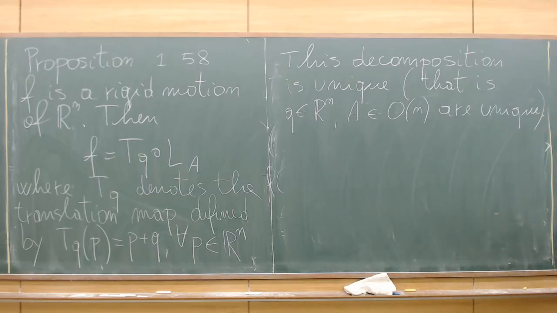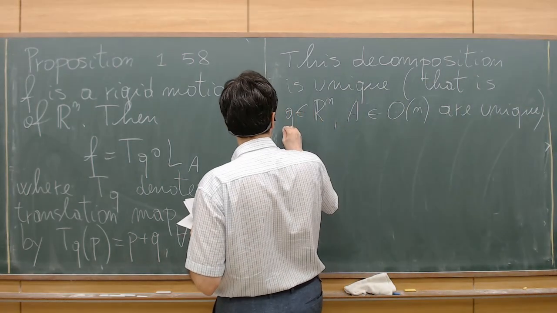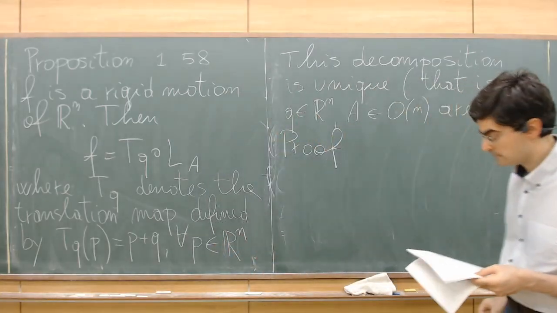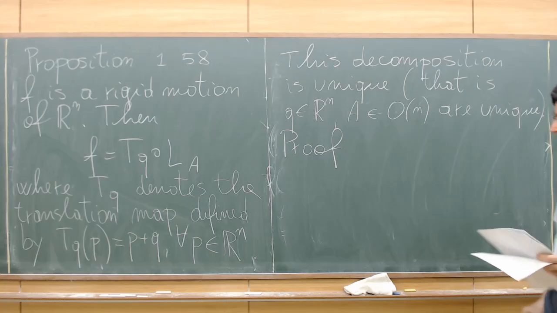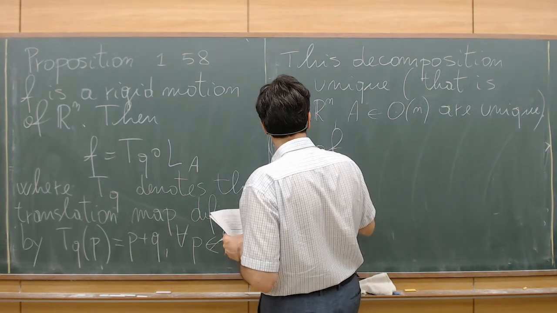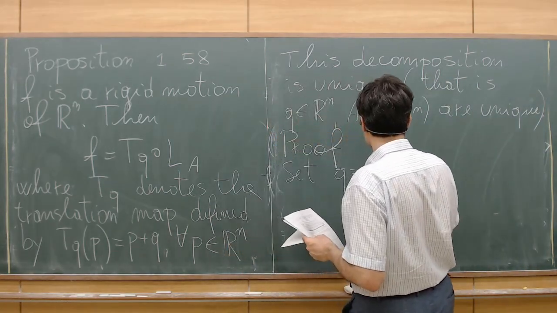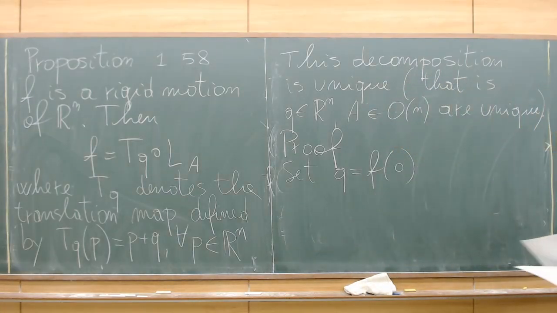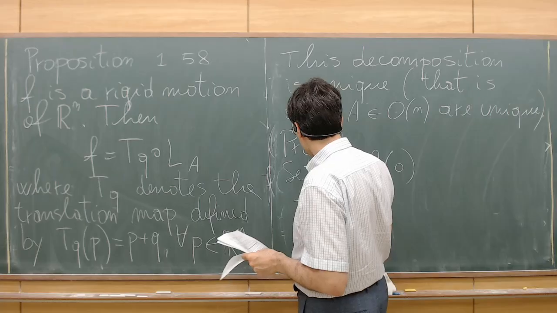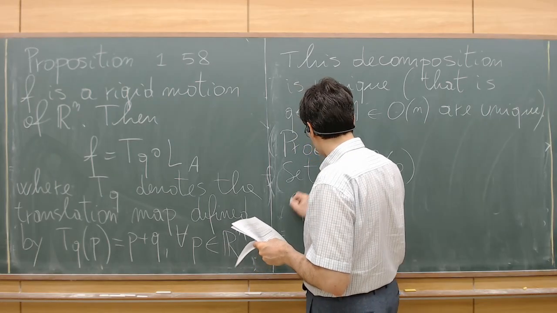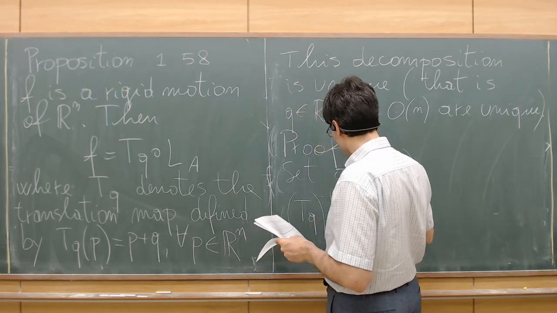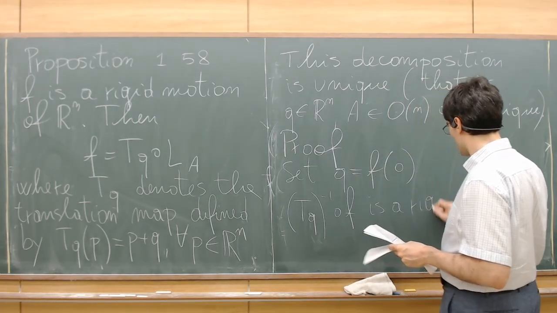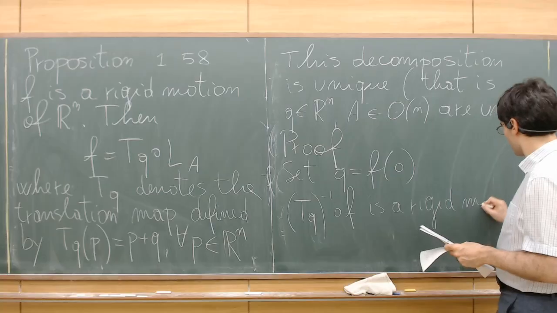Okay, how to prove this? Set Q equal F of 0. Then TQ inverse composed with F is a rigid motion. Why?